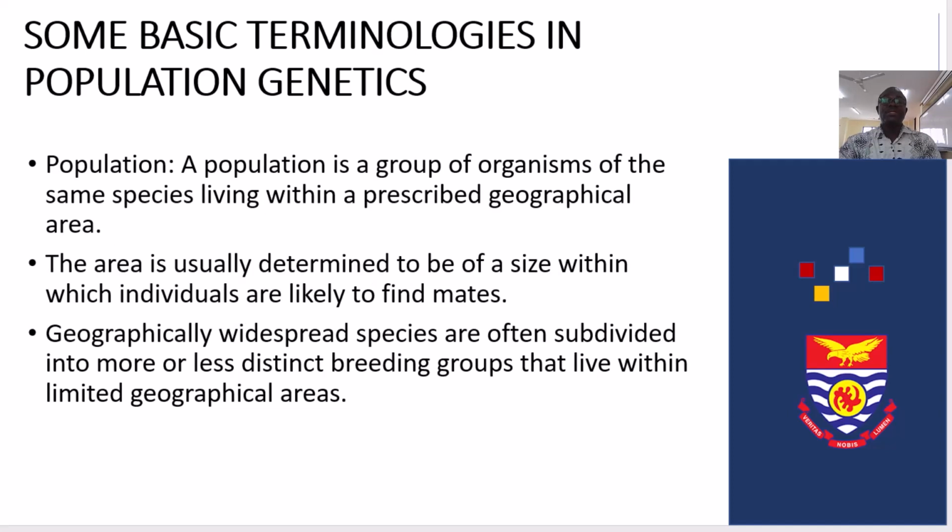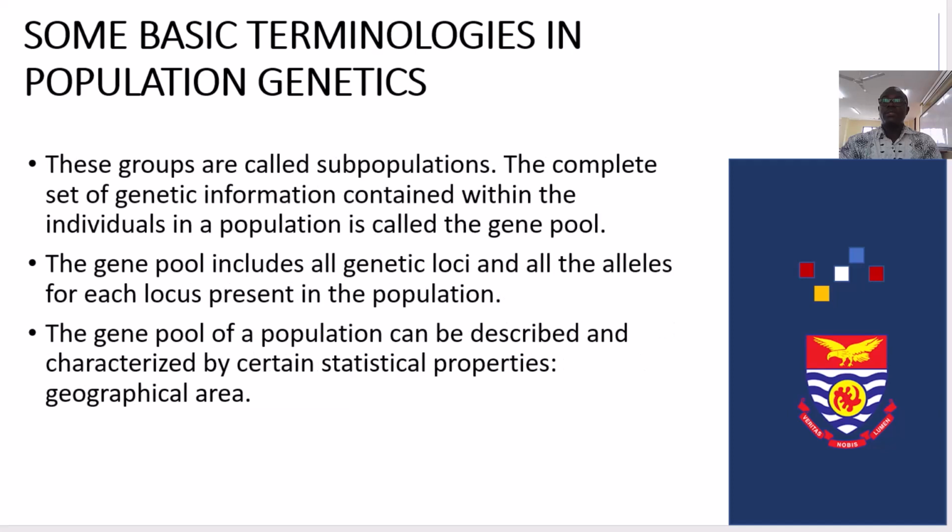Population: a population is a group of organisms of the same species living within a prescribed geographical area. The area is usually determined to be of a size within which individuals are likely to find mates. Geographically widespread species are often subdivided into more or less distinct breeding groups that live within limited geographical areas, and these groups are called subpopulations.